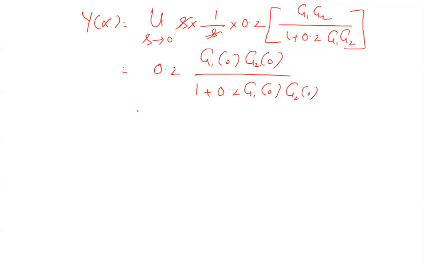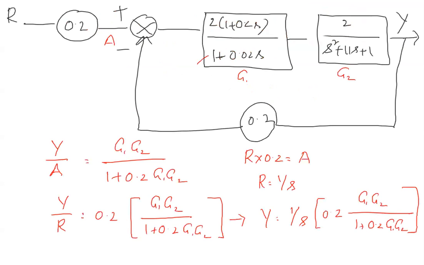What is G1 of 0? If you put S equal to 0, this is 2. G2 of 0 is also 2.